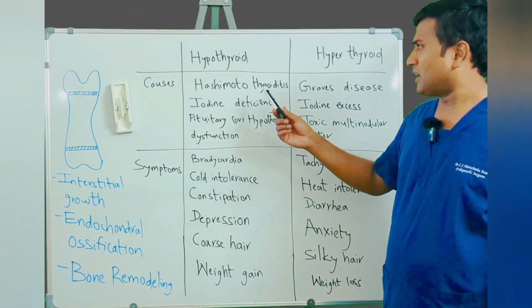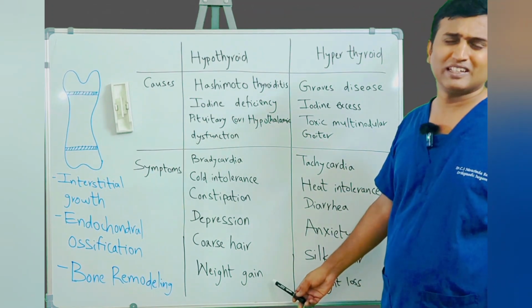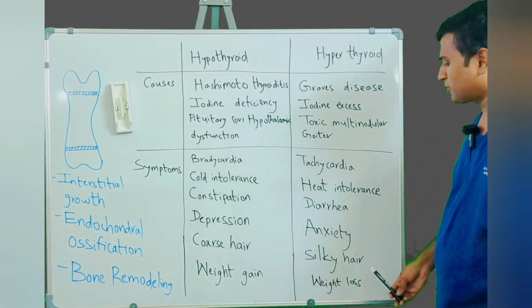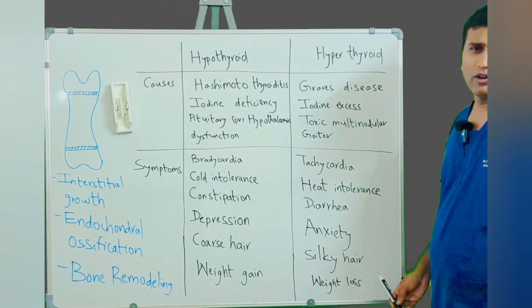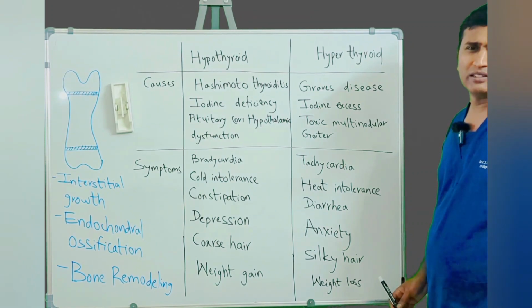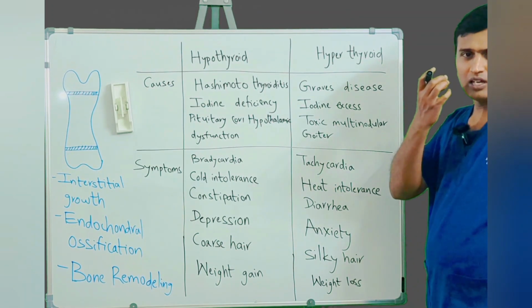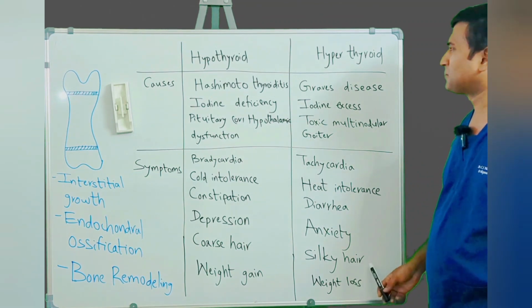And as there is a lower metabolic rate, we gain weight in hypothyroid condition, whereas in hyperthyroid we have weight loss. And in hyperthyroidism we also see exophthalmos, that is, the eyeball protrudes out.